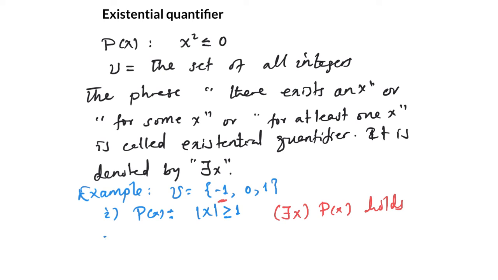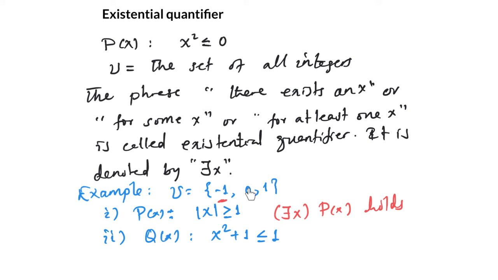Similarly, if I choose another proposition, Q of x, which says that x squared plus 1 is less than or equal to 1: if I put -1 here, -1 squared plus 1 is 2, which is not less than or equal to 1, and again for 1, 1 plus 1 is 2, which is not less than or equal to 1.